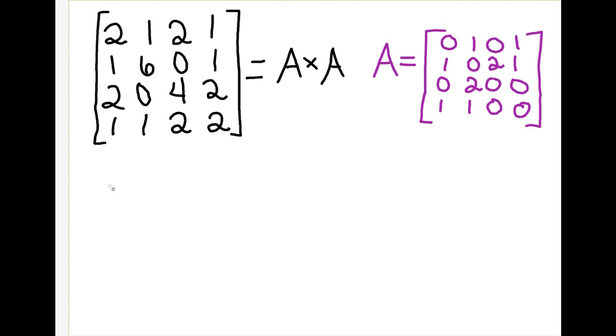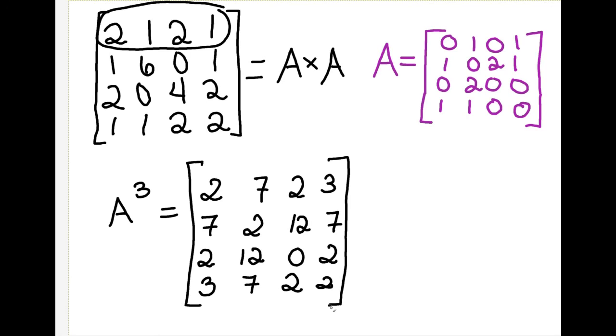So our final step is to multiply A squared by A to get A cubed. And so here I've copied in our answer for A squared and our answer for A, and we want to use rows and columns yet again. First row of A squared with the first column of A.